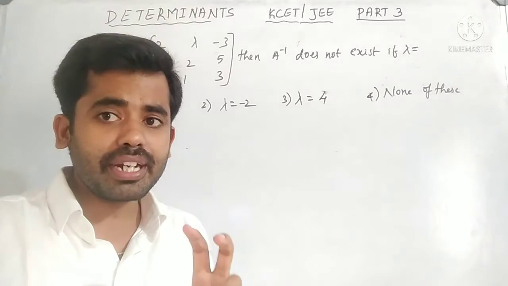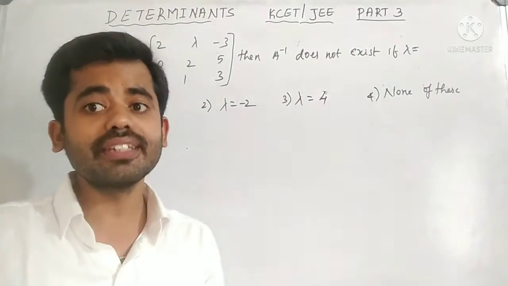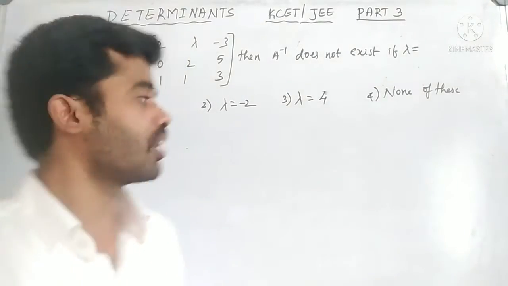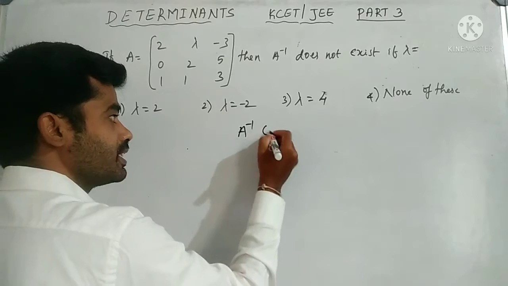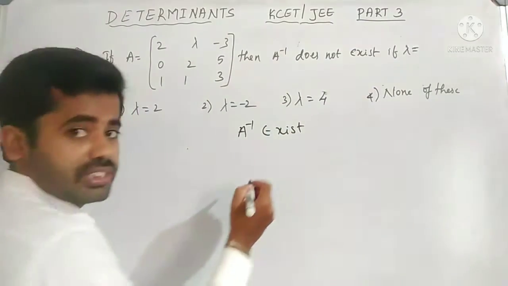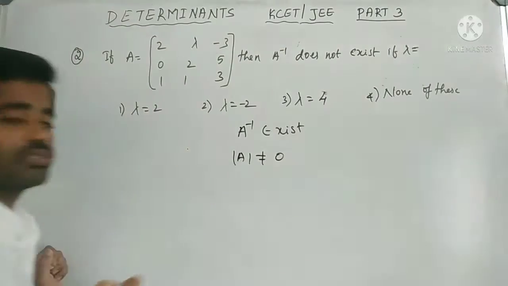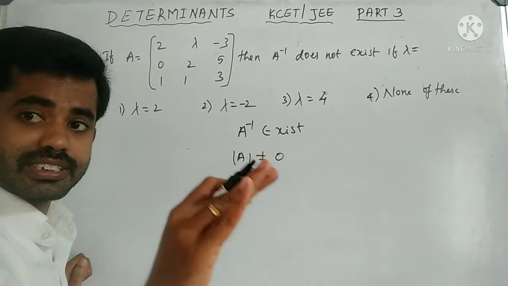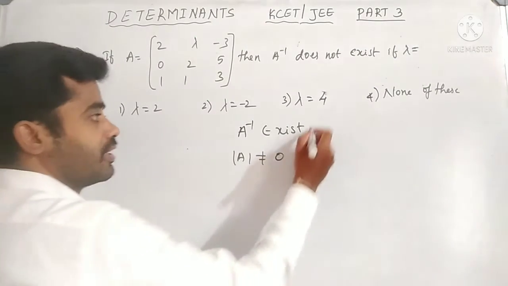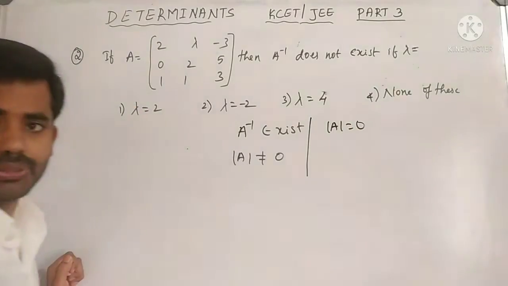See, if A inverse exists, then it is a non-singular matrix, so the determinant of A must not be equal to 0. Since they say A inverse does not exist, the determinant of A is equal to 0.